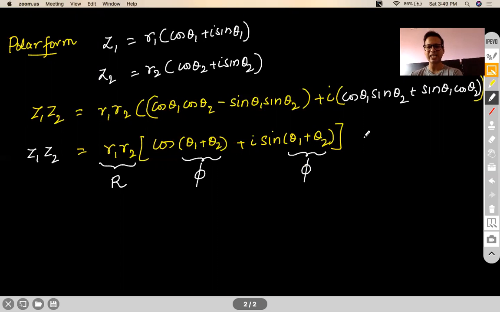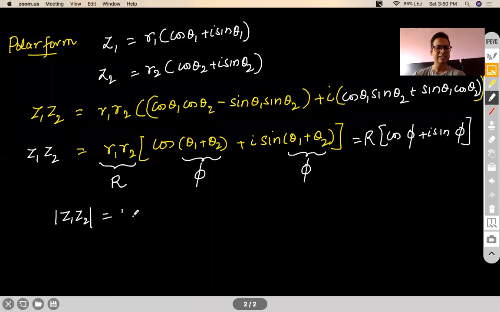So if you write it as r cos phi plus i sin phi, you very well know that the argument and the modulus that you get are very much related to the argument and the modulus of the given two complex numbers. To summarize, the modulus of Z1 Z2, which is your R, is nothing but the product of the moduli of Z1 and Z2.